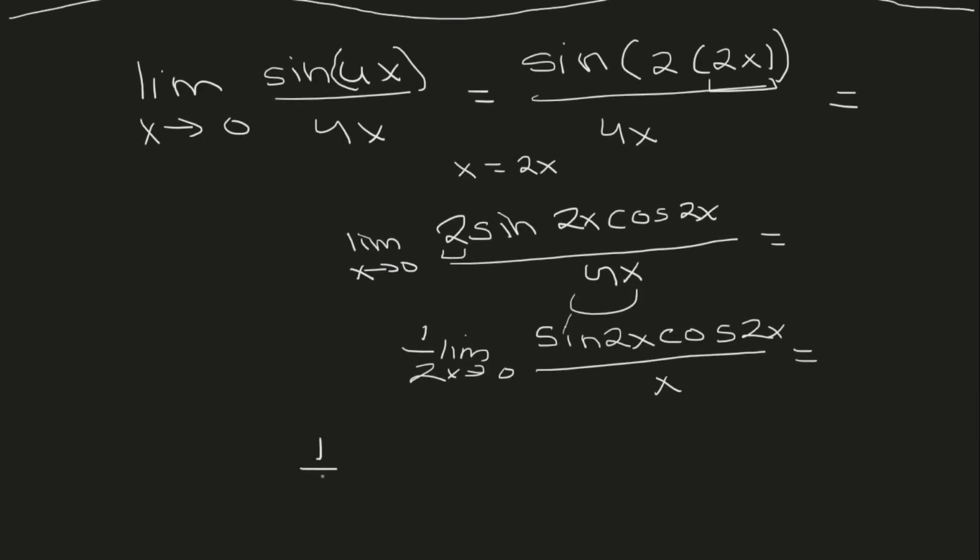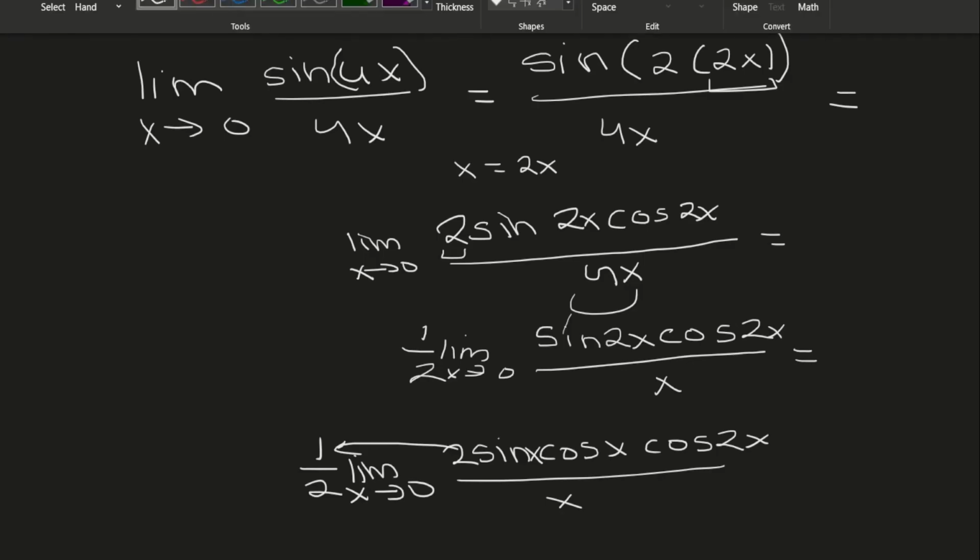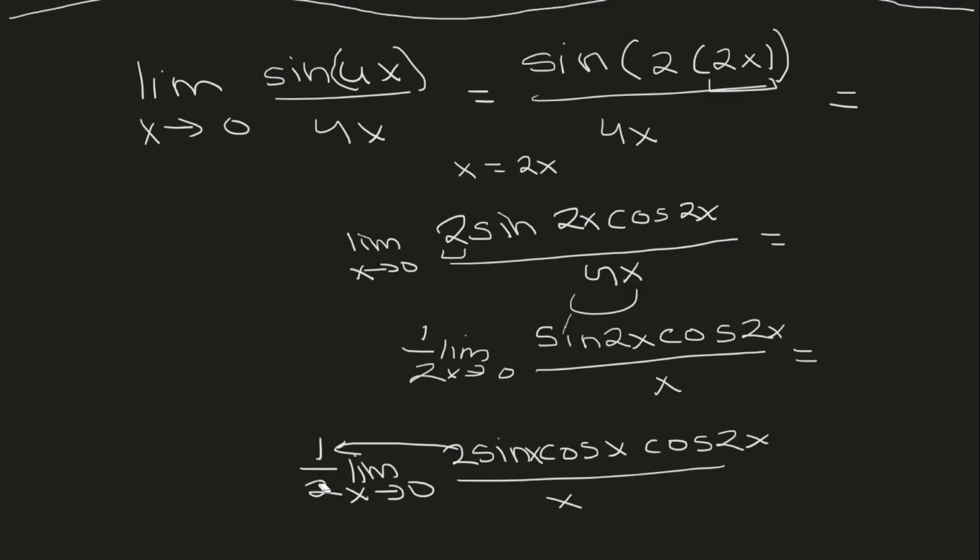So we have 1/2 times the limit as x approaches 0 of 2 sine x cosine x cosine 2x all over x. We can factor out another 2, which will basically erase the 1/2 from the equation. So we get rid of that, and we get rid of that as well.